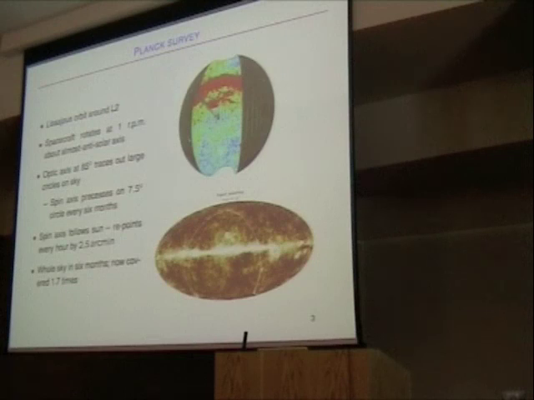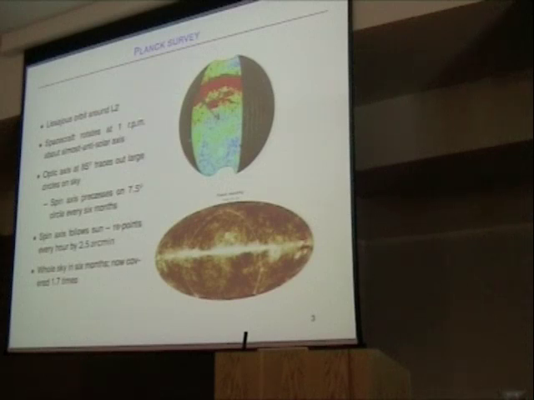Planck is at L2 in a Lissajous orbit, and it scans the sky basically by rotating about its spin axis at 1 revolution per minute, and the optic axis is at 85 degrees to the spin axis, tracing out large circles on the sky. The spin axis is basically kept anti-solar to minimize the thermal imbalances in the instrument.